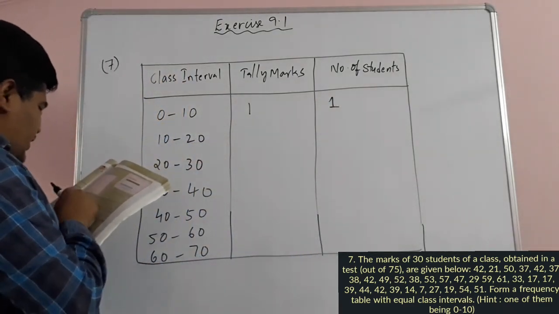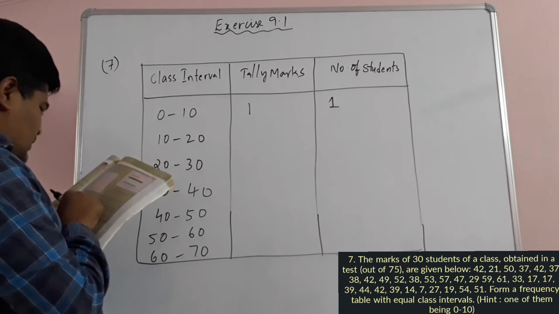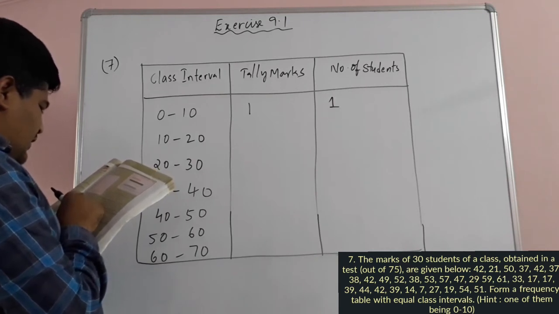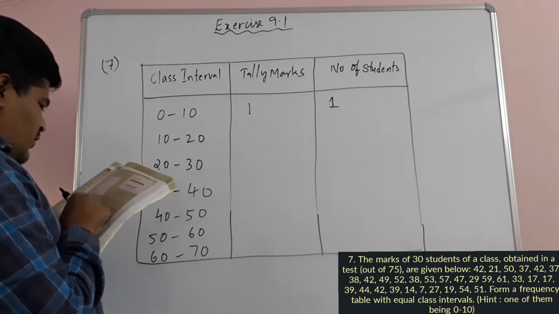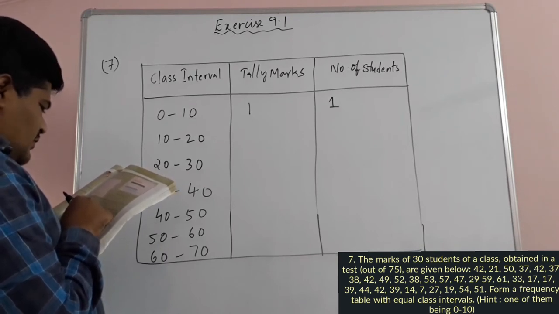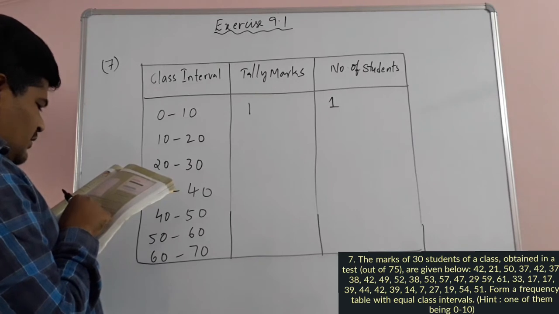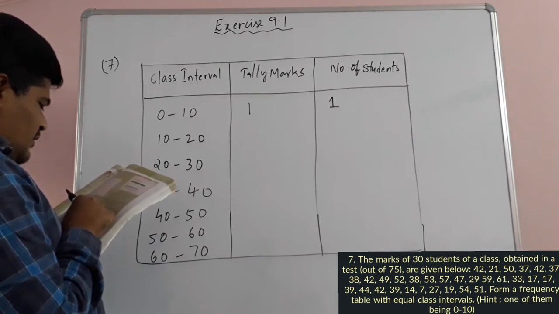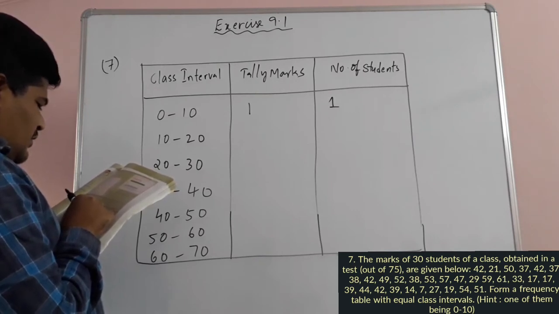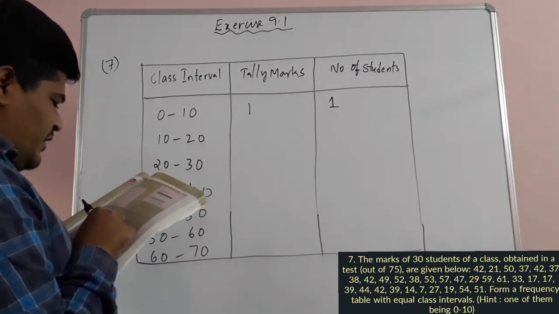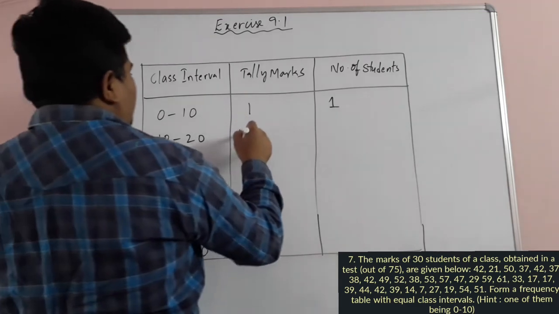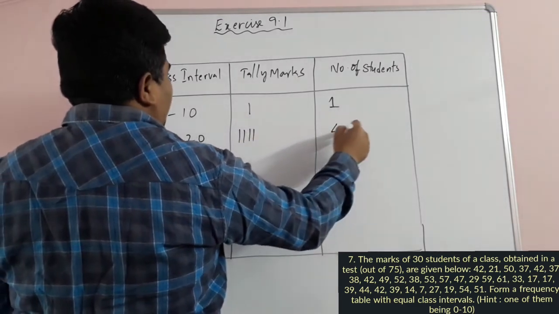See. 10 to 20. 17, 17. Okay, 2 observations. 14, 3. 19, 4. Okay, 4 observations are there, children. So 1, 2, 3, 4 tally marks, and here I am writing 4.